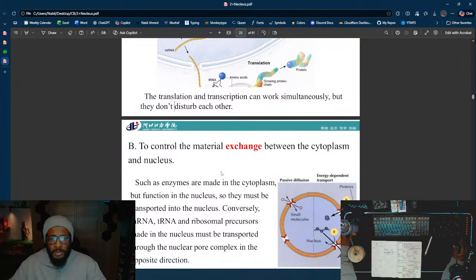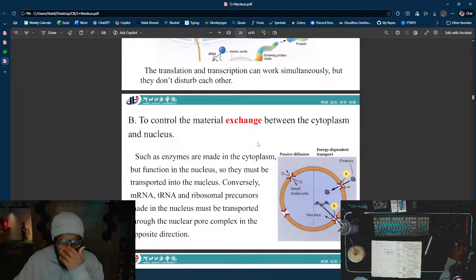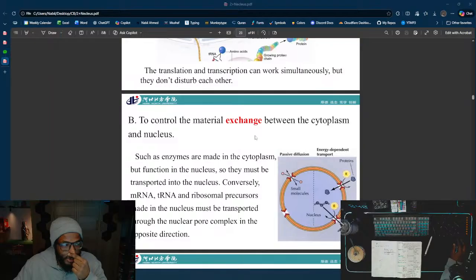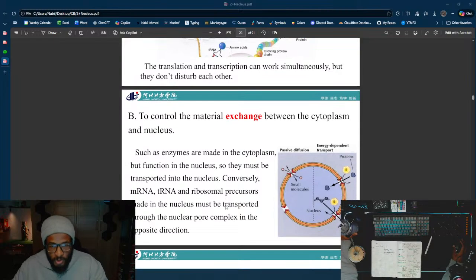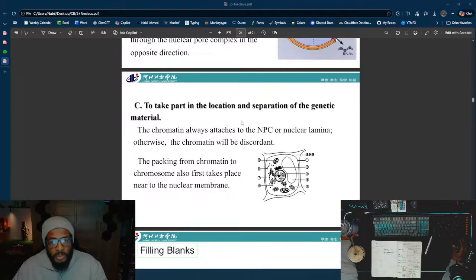B, to control the material exchange between the cytoplasm and the nucleus. Enzymes are made in the cytoplasm and function in the nucleus, so they must be transported into the nucleus. And C, the location and separation of genetic material.